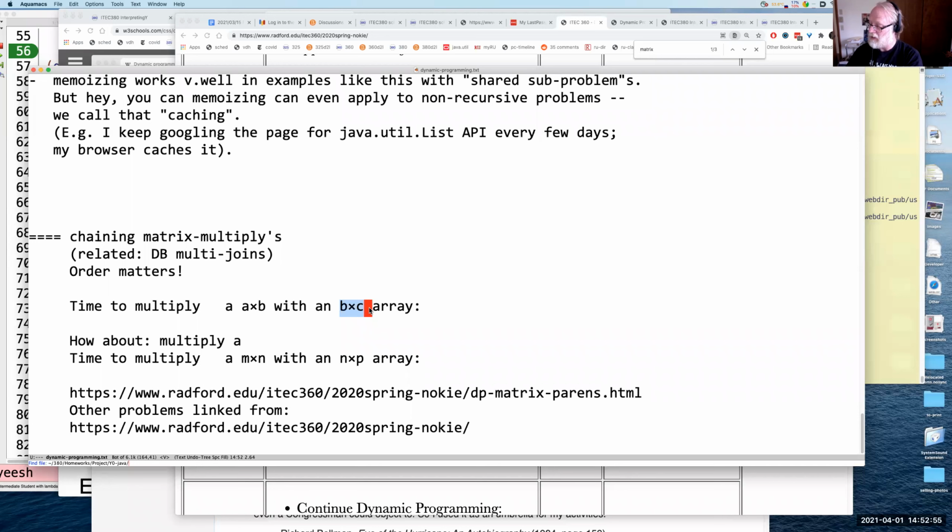Each needing B multiplications and B additions. So what is that? ABC is how many multiplications we need to multiply just two matrices.